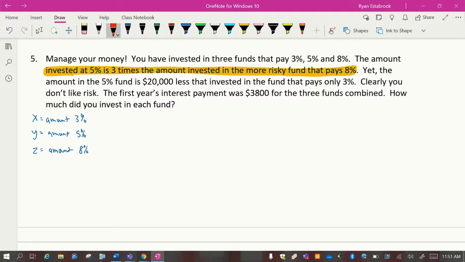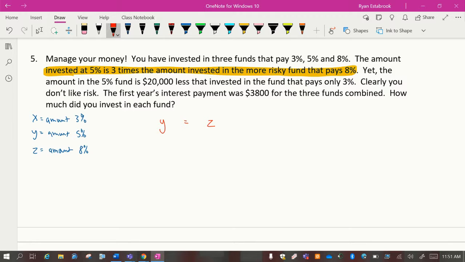I've got one sentence highlighted in orange. Can you make an equation out of that? I'll help guide you through some of that, but look at the important pieces of information in there. Do you know what variables are involved here? We're using an x, a y, and/or a z. 5% is y, 8% is z.